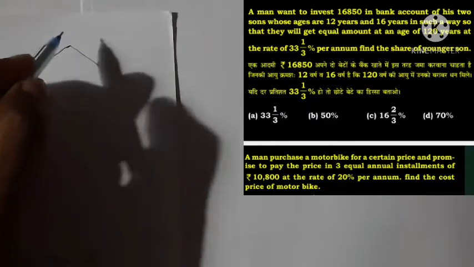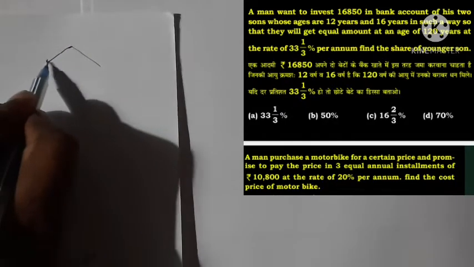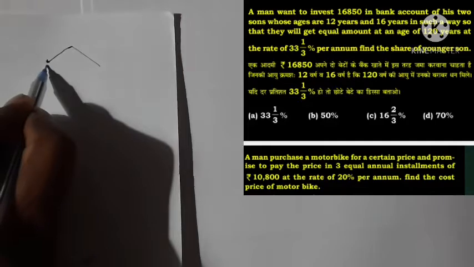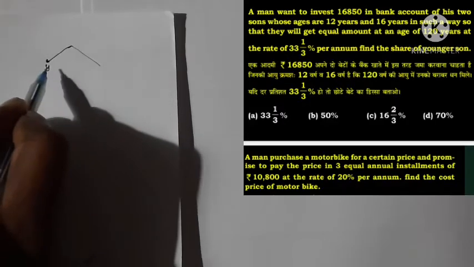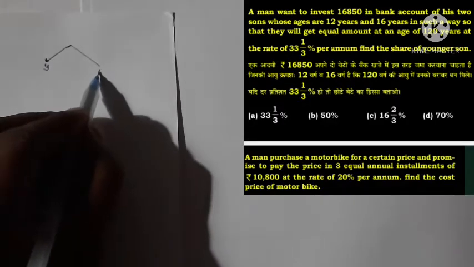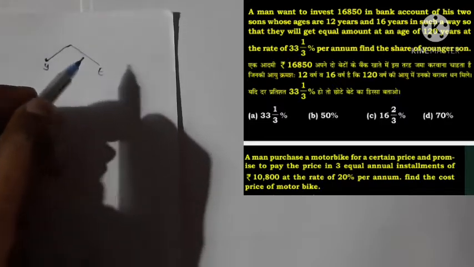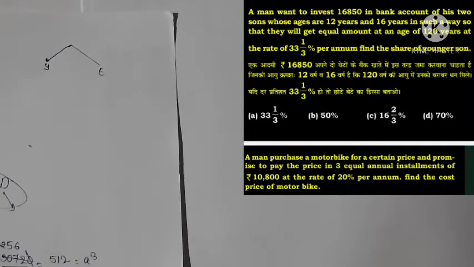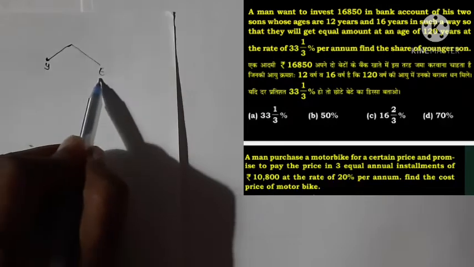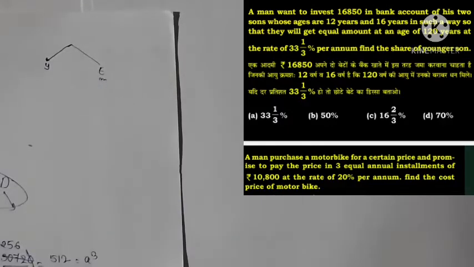Sons: one is younger, another one is elder. So younger age is 12 years. The elder son age is 16 years. The total amount is invested until 120 years.